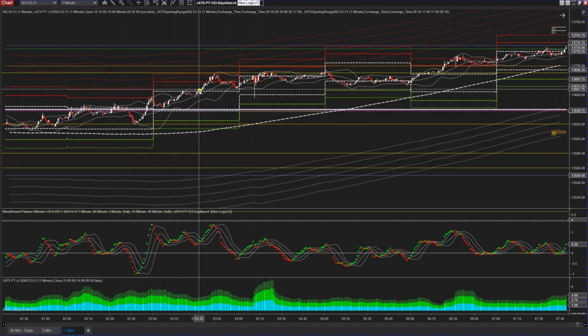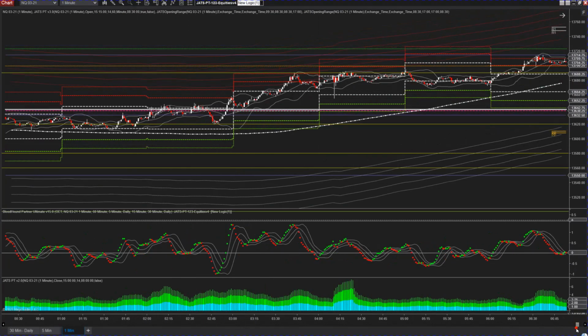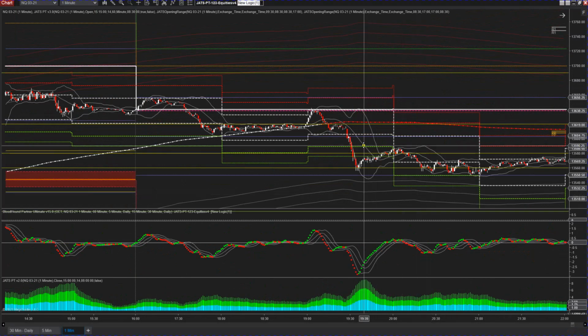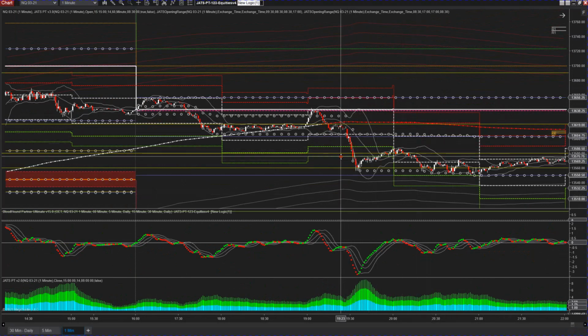This looked like a nice move though to the PT3. And whenever we get out of bounds, this broke the PT3. That made a really good reverse back up to the PT2.